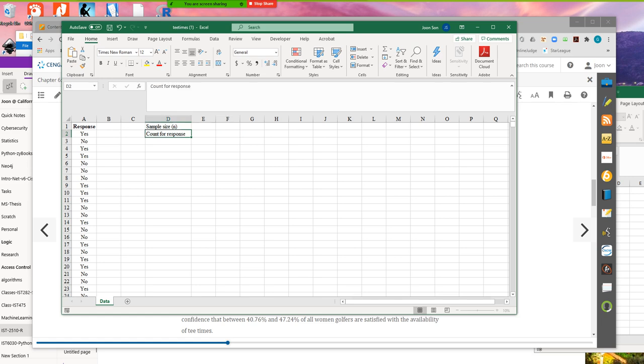To find n, you can use a count function in Excel, but you cannot use simply count. You have to use COUNTA. Basically, it gives you the number of data which are not empty. That's why you have to use COUNTA.